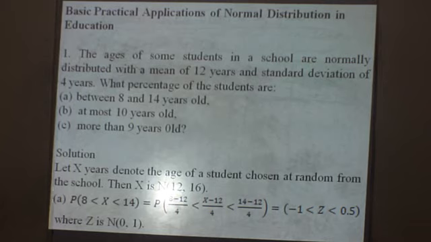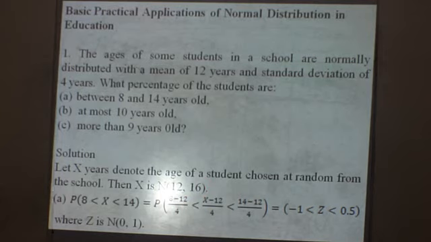Now with the solution, we are dealing with a random variable here. So we need to convert the random variables to the z-scores. So if you take the first situation, we say that let x years denote the age of students chosen at random from the school. Meaning the x is normally distributed with the mean 12 and the variance 16.